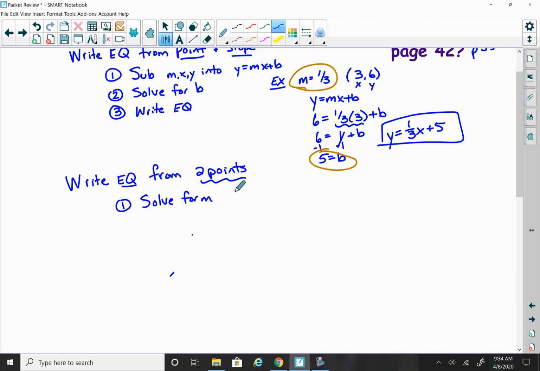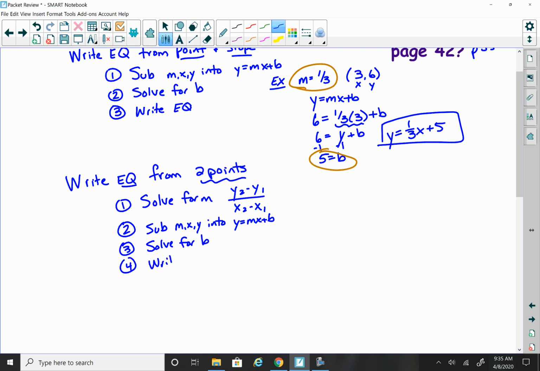And again, we know how to solve for the slope by using our slope formula, y2 minus y1 over x2 minus x1. Once you solve for slope, then you can substitute the m, x, and y values into your slope-intercept form. Then you can solve that equation for b. And then finally, you can write the equation.